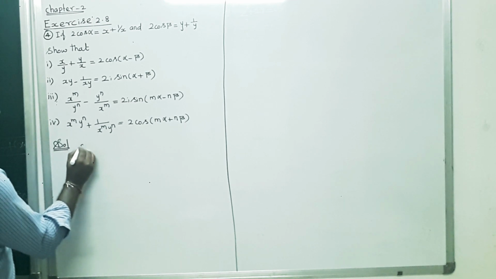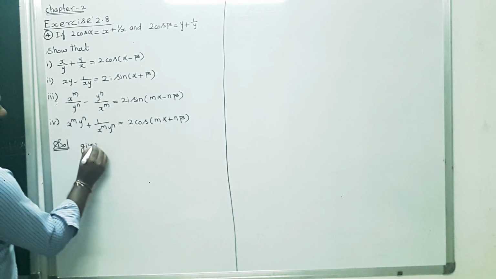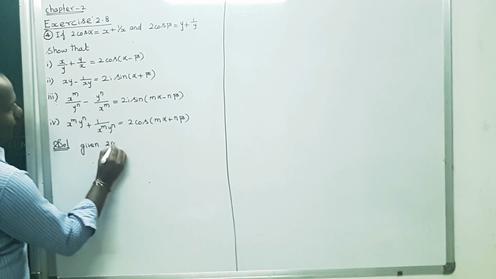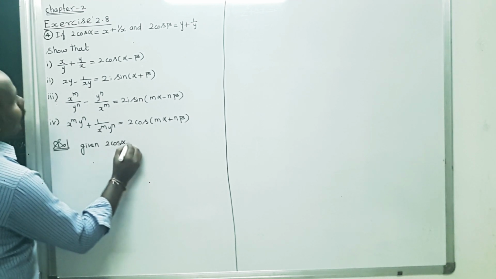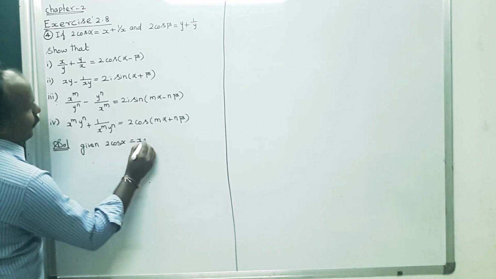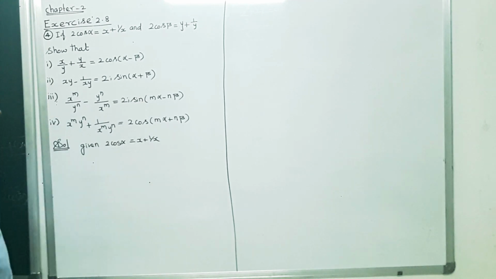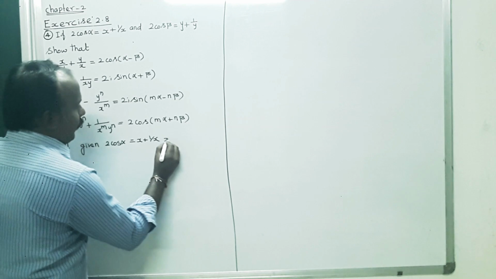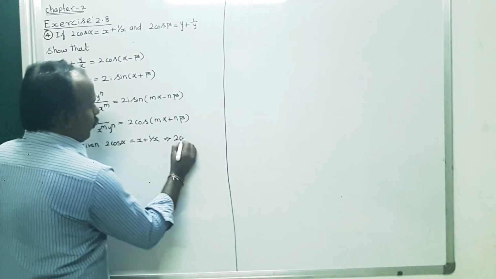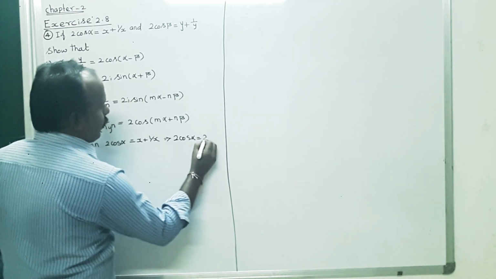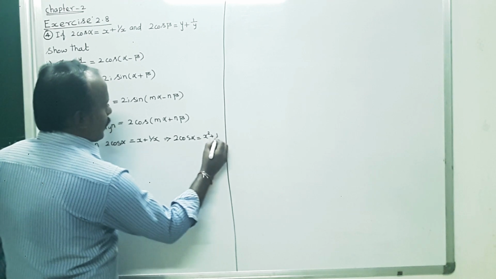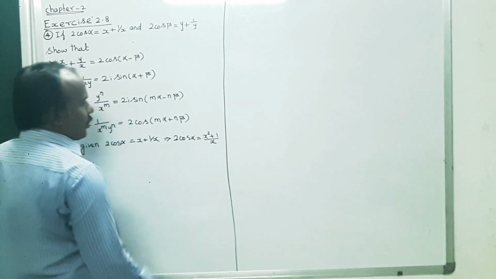The given equation: 2 into cos alpha is equal to x plus 1 by x. First of all, solve this equation to find the value of x, which implies that 2 into cos alpha is equal to x square plus 1 whole divided by x.